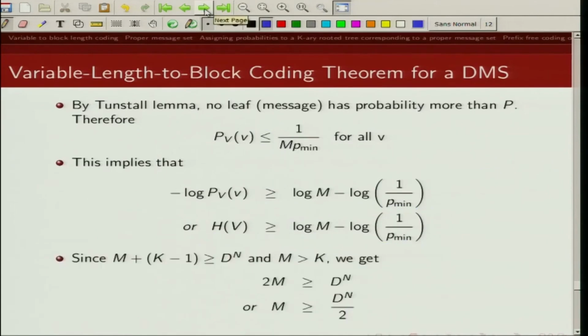Next, what is the number of messages we have? The number of messages that we have is k plus q times k minus 1. Okay, and the number of code words we have is d to the power n. So the number of messages that we can have is at most d to the power n.